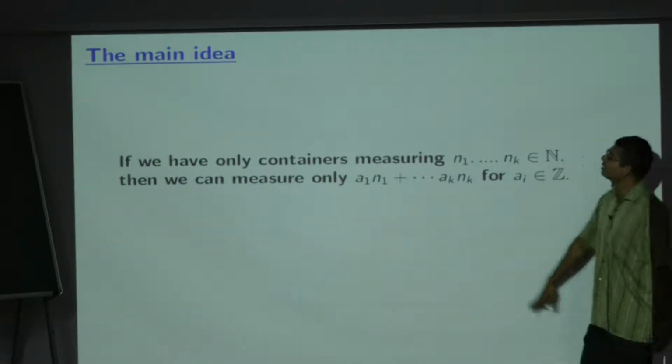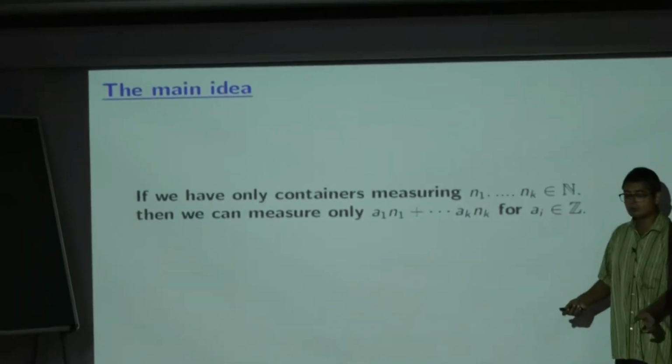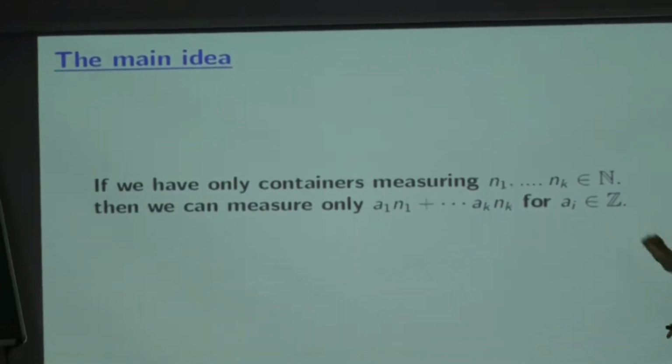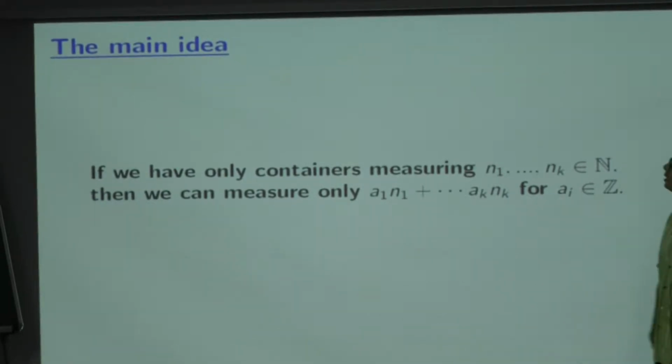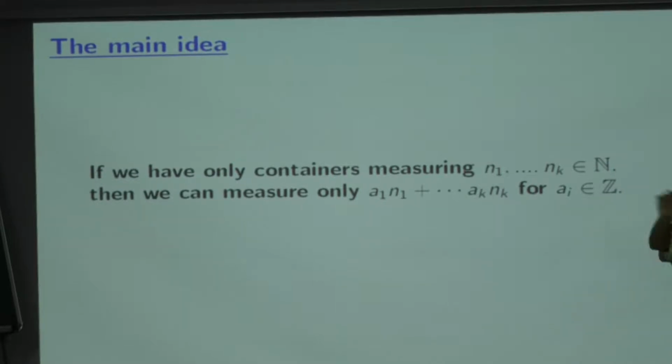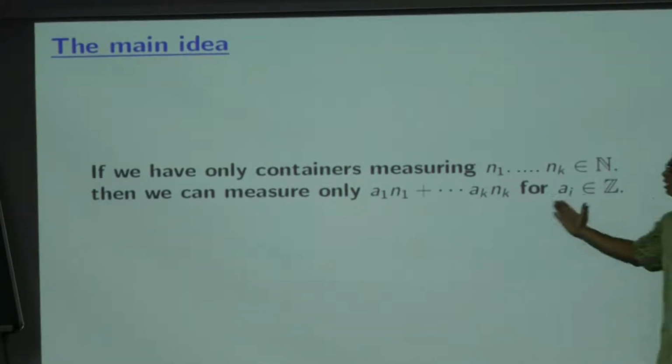This means if Ai is positive, you use that container Ai times to pour, and if Ai is negative, you use that container to take away Ai times. And you cannot do anything other than that because you cannot use fractions or anything. So these are the only possible things.